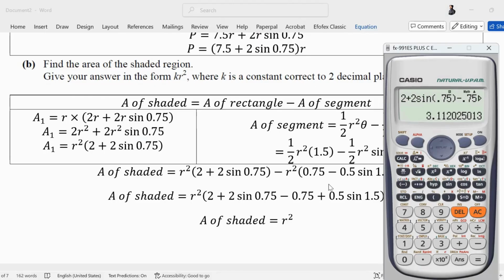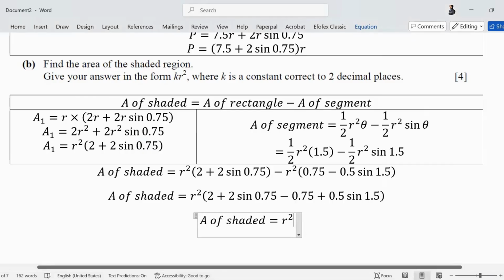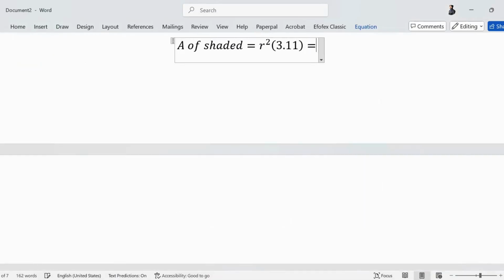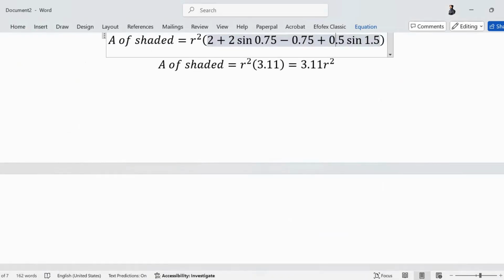I need the answer to 2 decimal places, 3.11. So the area of the shaded region is 3.11 R squared. Is this clear?